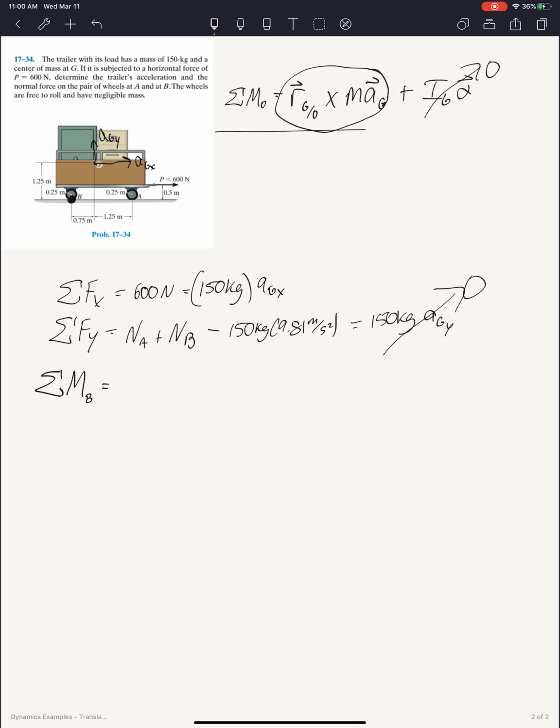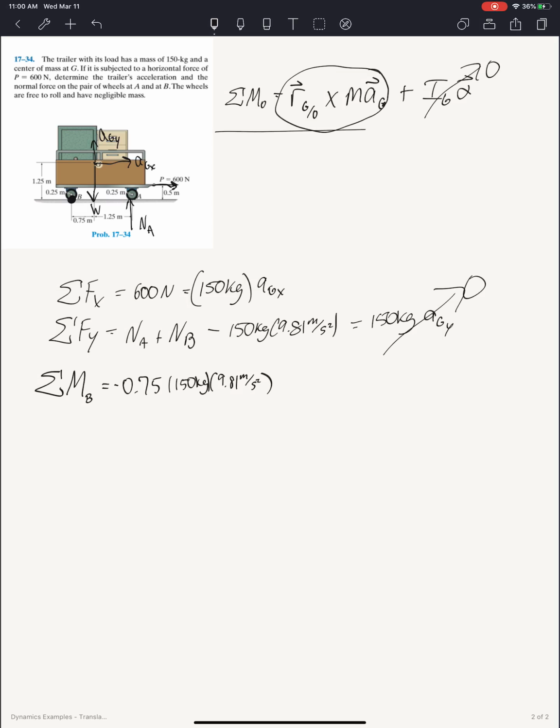All right, so sum of the moments about point B. First of all, let's focus on the left side of the equation. This has nothing to do with the acceleration. What forces create a moment about B? Well, there's the weight force, and there's the normal force at A, and there's the applied load of 600 newtons to the right. So the sum of the moments about point B is 0.75 times 150 kilograms times 9.81 meters per second squared, and it's clockwise, so negative.